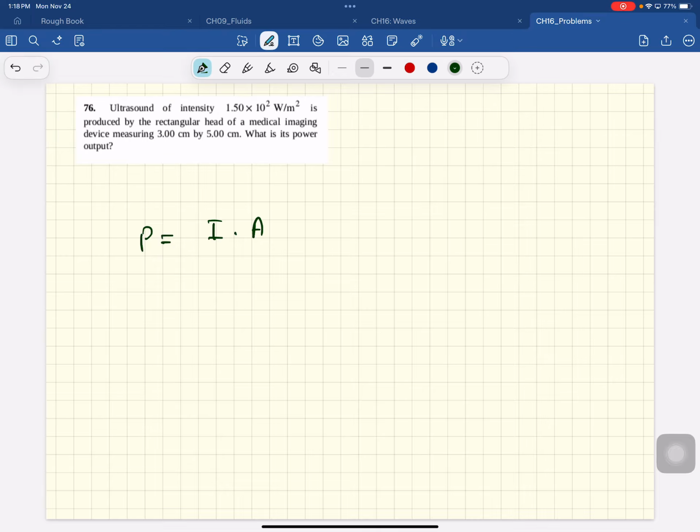Okay. So yeah, the intensity is 150 watts per meter square, and this is 3 by 5 centimeters. Centimeter square is 10 to the minus 4 meters square.